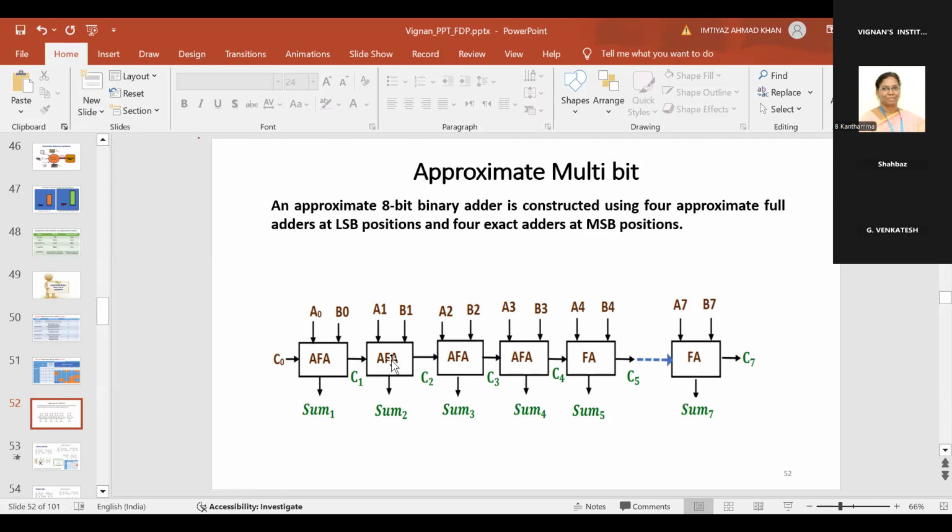But if you take a higher value, your output will be wrong, because the LSB depends on the initial value, but the MSB depends on all four circuits. That's the reason we approximated only the LSB side, not the MSB side, and not the carry circuits. Why? Because the carry is propagated. So if your carry is wrong, then the output will be wrong.